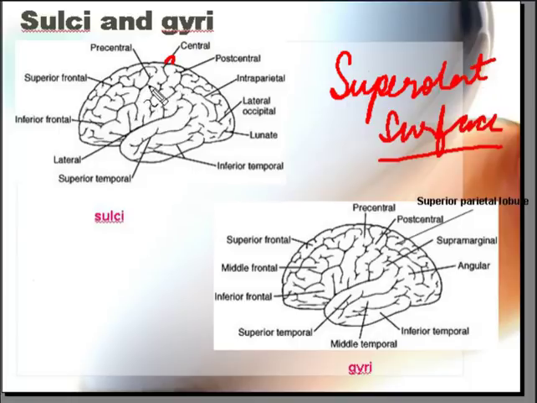Anterior to that, you'll see two sulci present, which are known as superior and inferior frontal sulci. So you have the precentral sulcus, then you have the superior and inferior frontal sulci, and then I said there were four, so these are three.